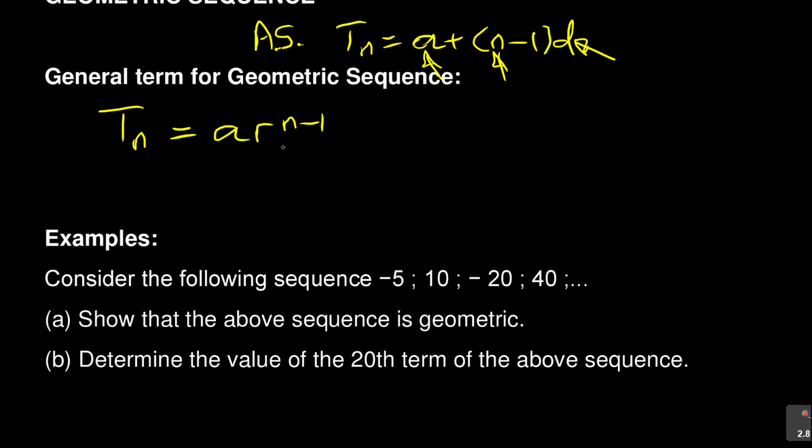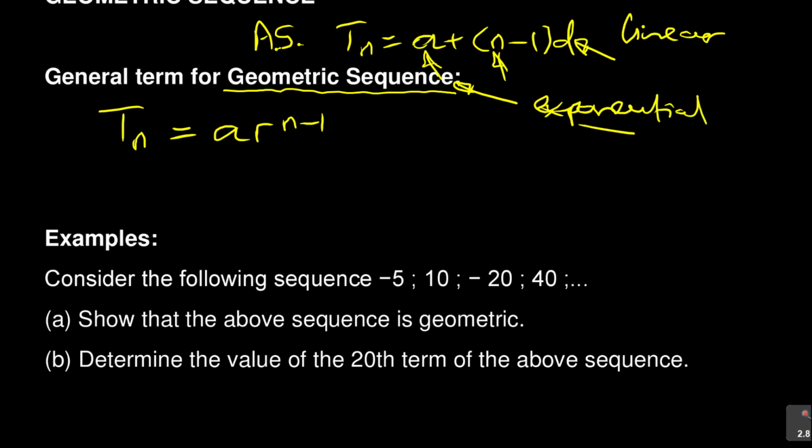But the geometric sequence is a bit different, because it is not linear. The arithmetic one was linear, but this is exponential. It's more like you're looking at an exponential graph. These are sometimes called exponential sequences.